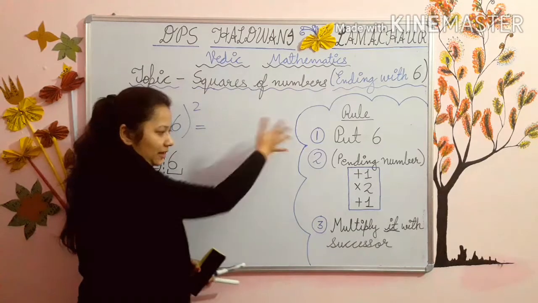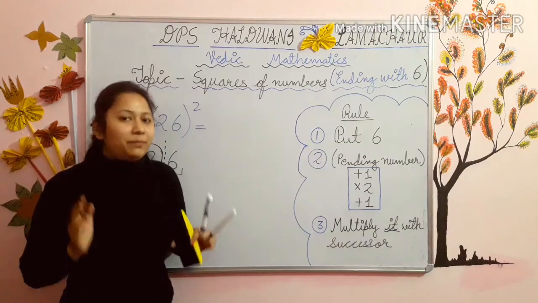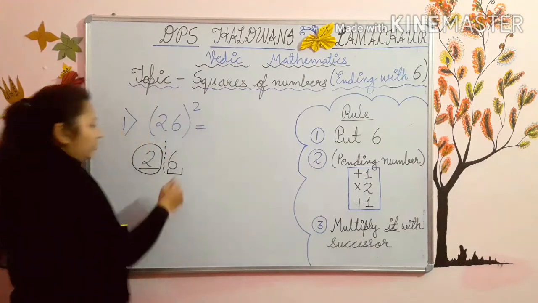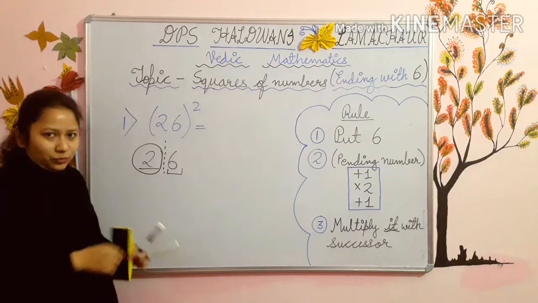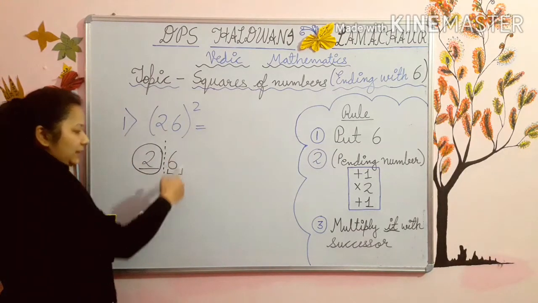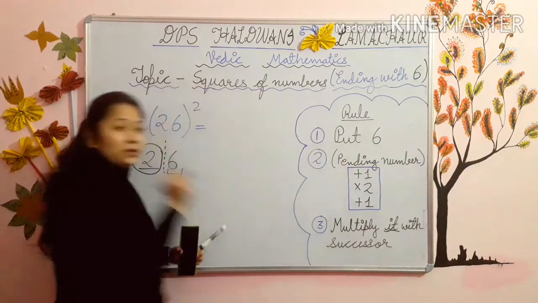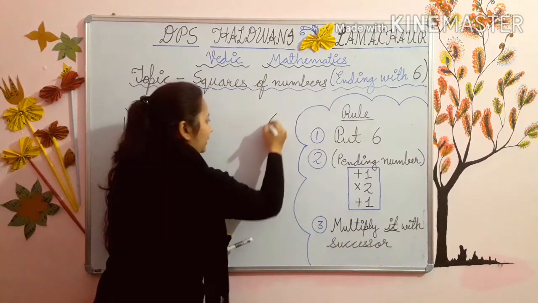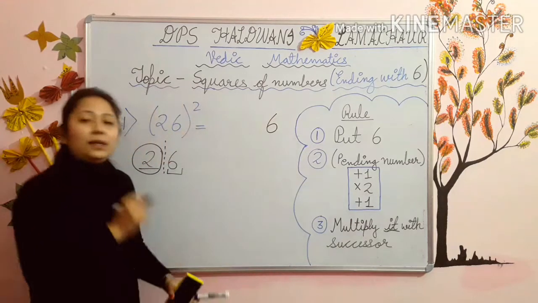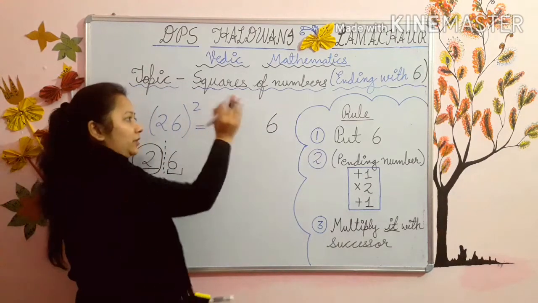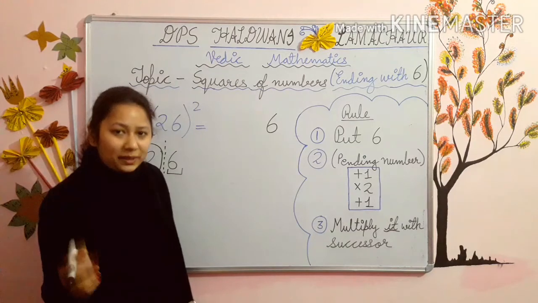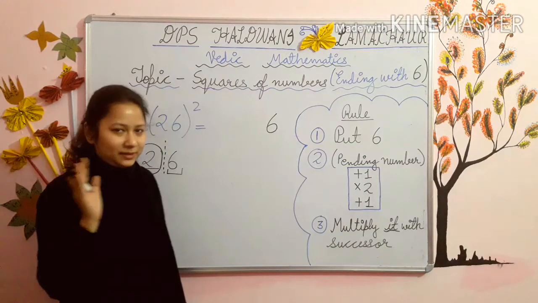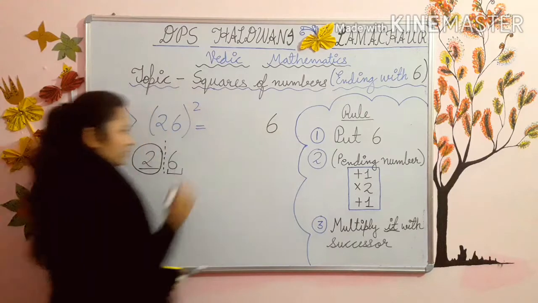Now put this 6, the first rule. Put 6 means you have to put 6 at the last. In each and every sum related to this topic, you have to put 6 at the units place, or you can say in the last place. So you have put 6.